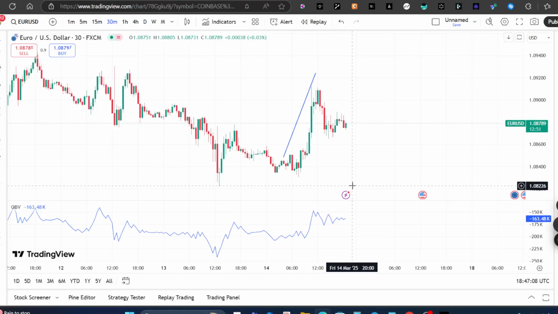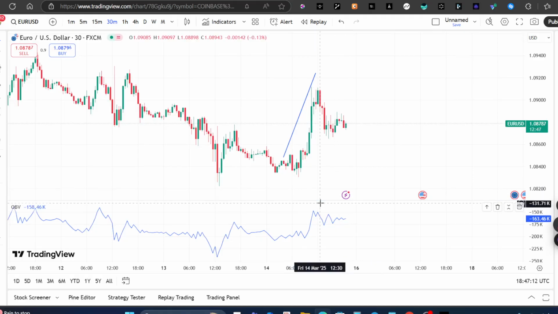It's a great tool for tracking the cumulative flow of volume. Now, what makes OBV unique is that it adds volume on up days and subtracts it on down days, creating a cumulative total. This gives you a clear view of whether volume is supporting an uptrend or a downtrend.